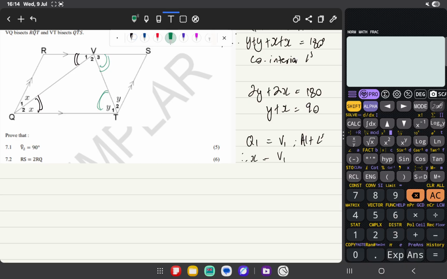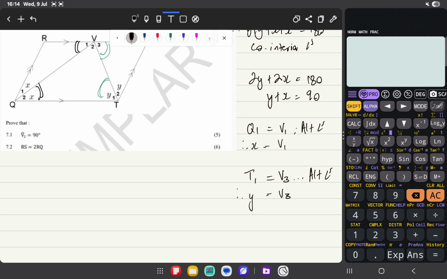Then you will say T1 equals V3, alternating angles, therefore y equals V3.